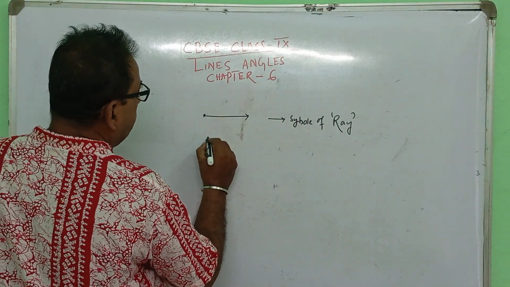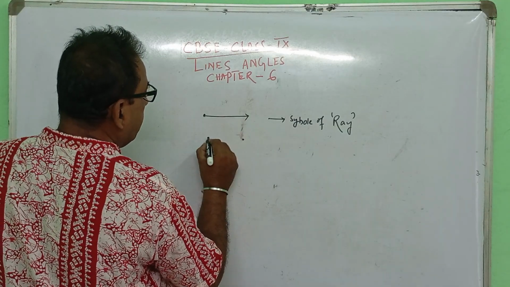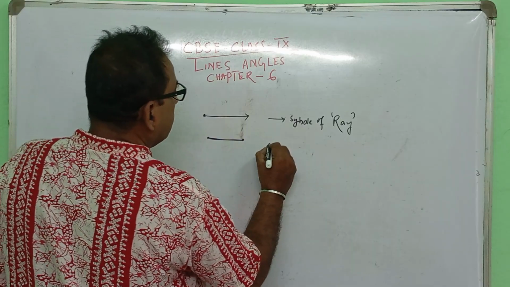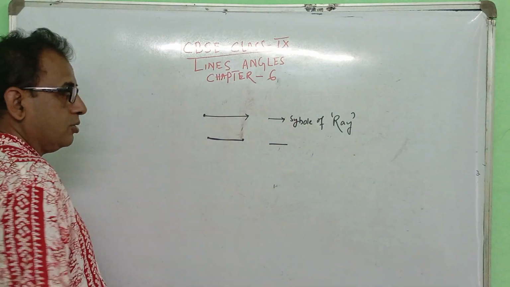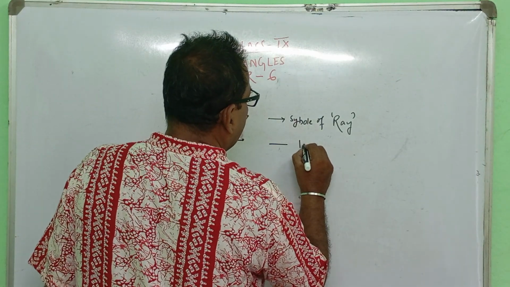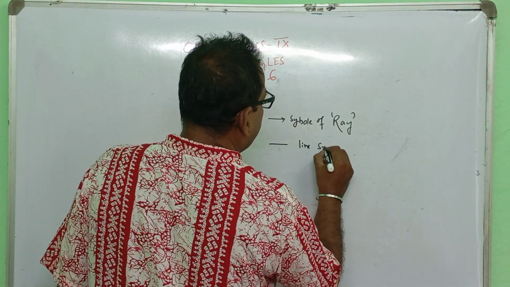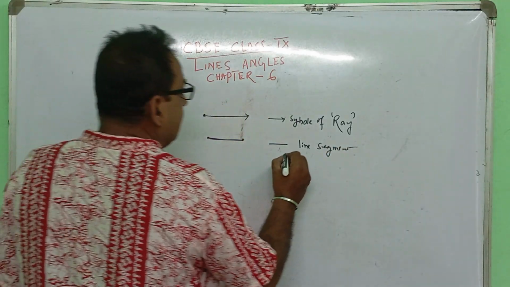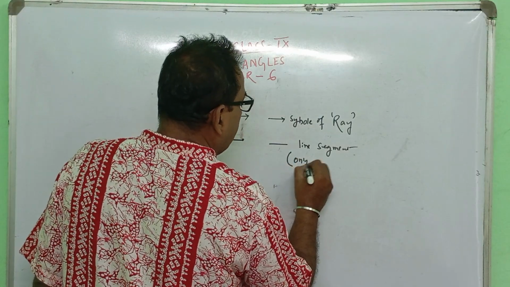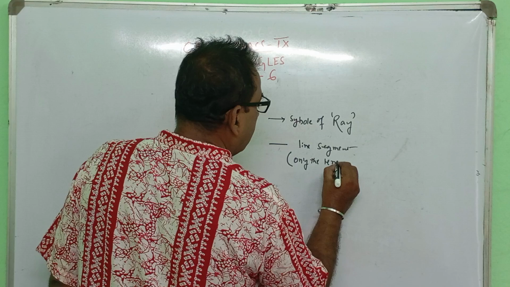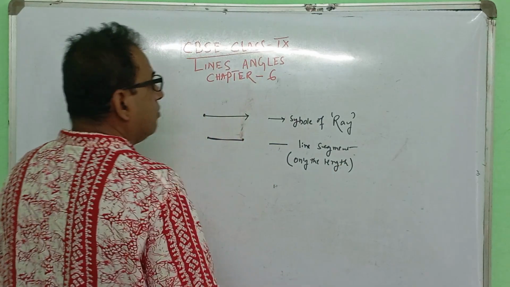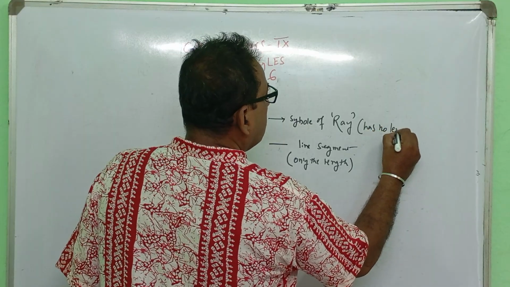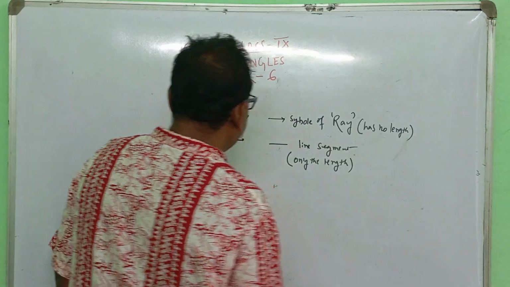Now if we put this point and this point, and join them like this, that is called a line segment. Now a line segment has only the length, but a ray has no length.